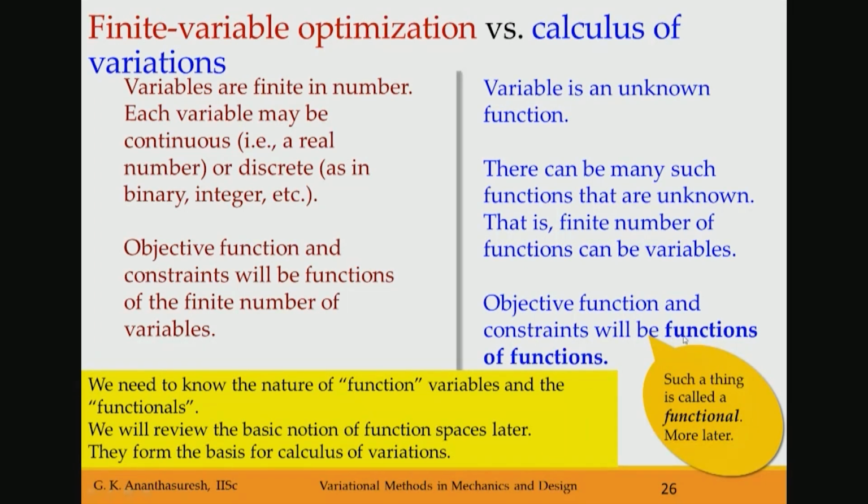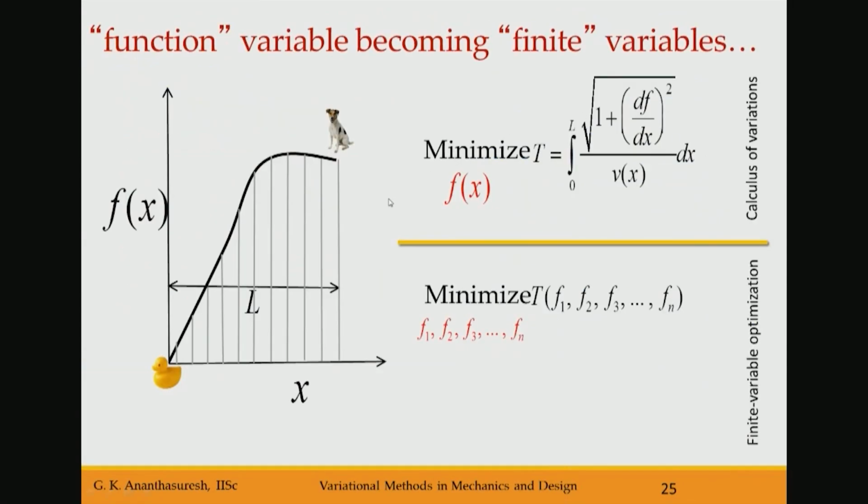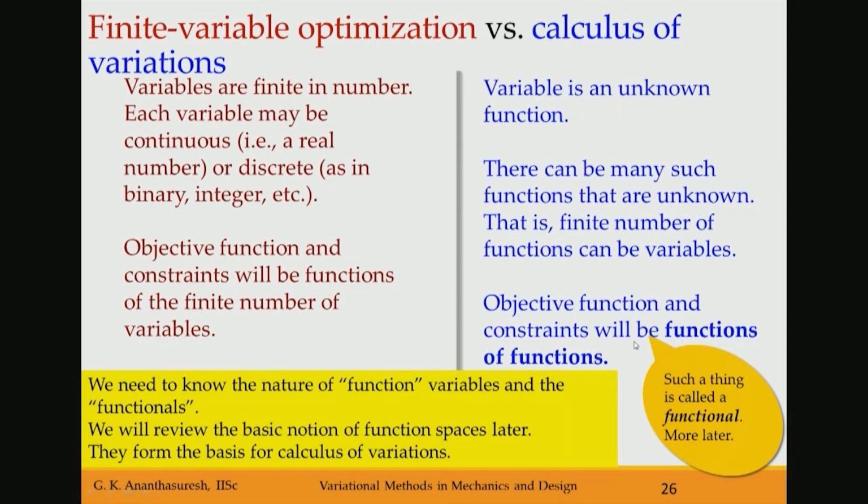But calling them functions of functions will actually be incorrect, as we will learn later. But know that not only does it depend on the unknown function, but like in our previous example in the duck problem, it can also depend on the derivative of the function. Here it does not depend on f of x, it depends on df/dx. So, objective function and constraints here can be functions of the function and its derivatives.